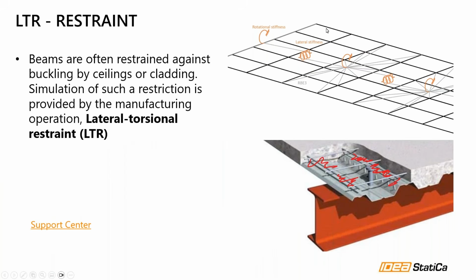But at first, let me talk about how it works, what constraints are used on the top of the flange. As you can see, this is the detailed model that we are supporting that is bypassing the ceiling or the claddings.